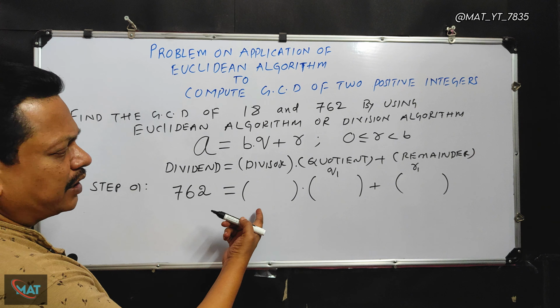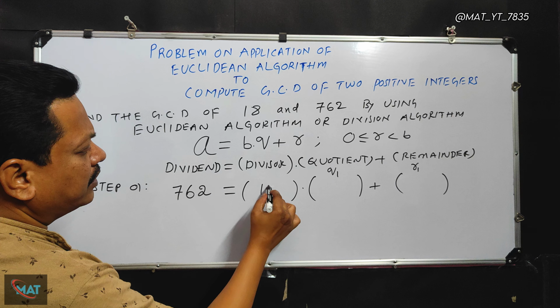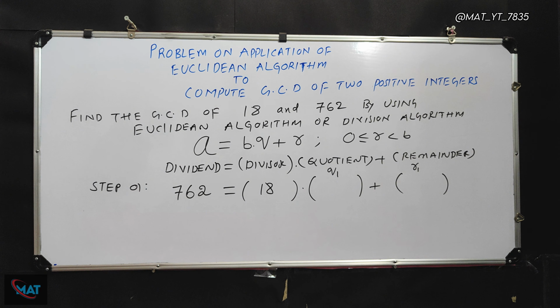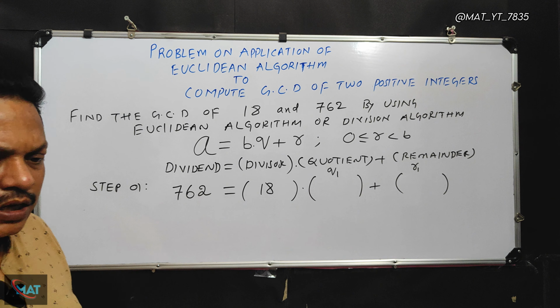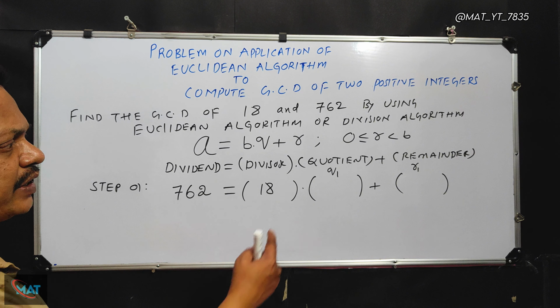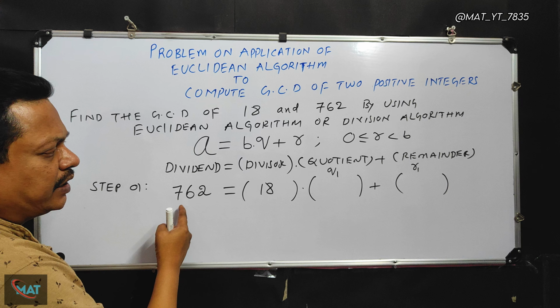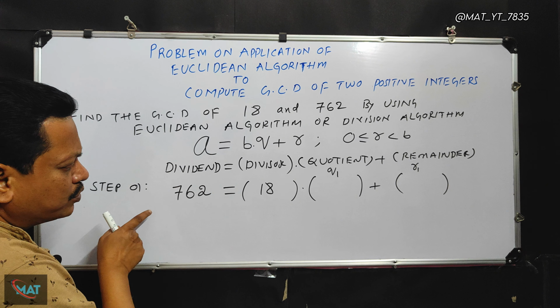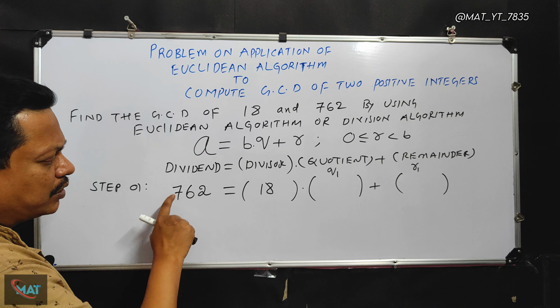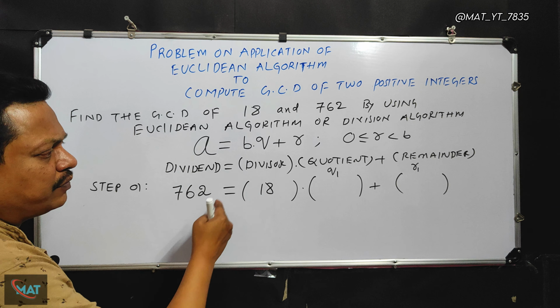And this is the bracket for divisor. Out of these two, the smaller one is 18. Now we have to see what is the largest number we can take here, so that we can get a number very close to 762, not crossing this value. The excess value will be the remainder there.